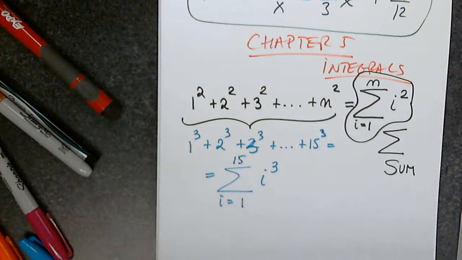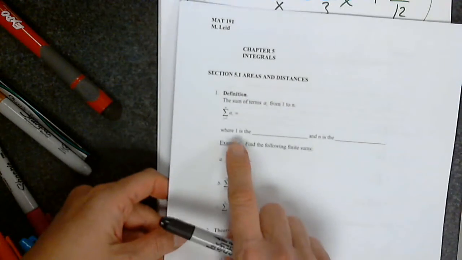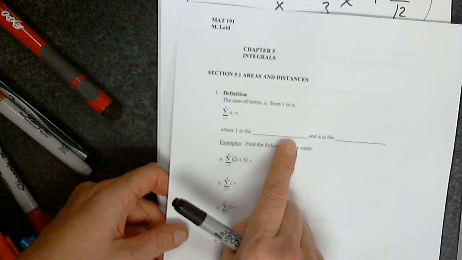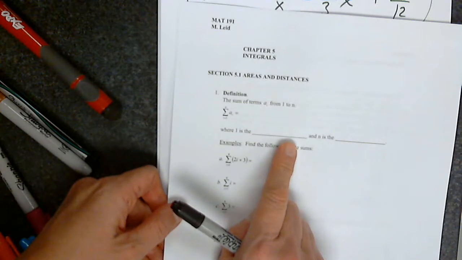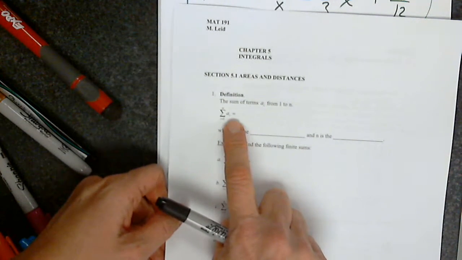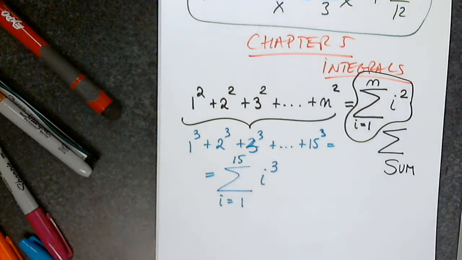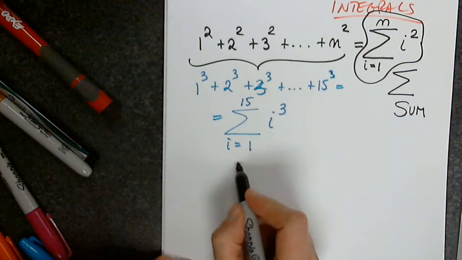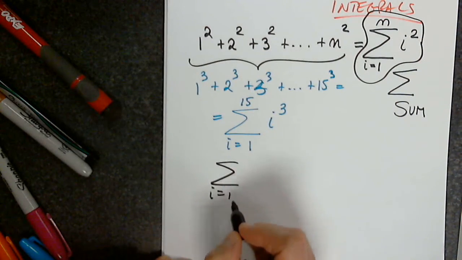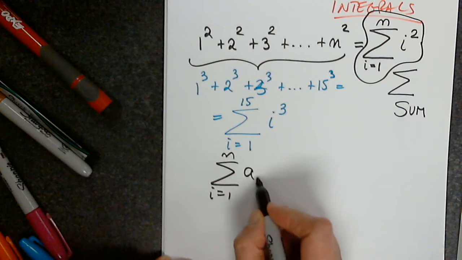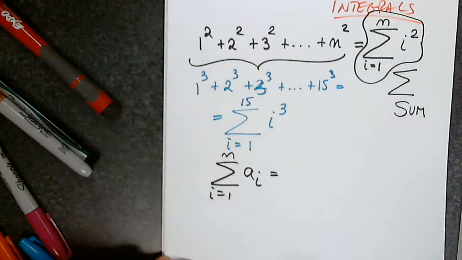So coming back to our handout. 1 is the lower limit. So this is called the summation notation. Here I have a different general term. I have AI. So let's expand this. So I equals 1 through n from a term that is AI.